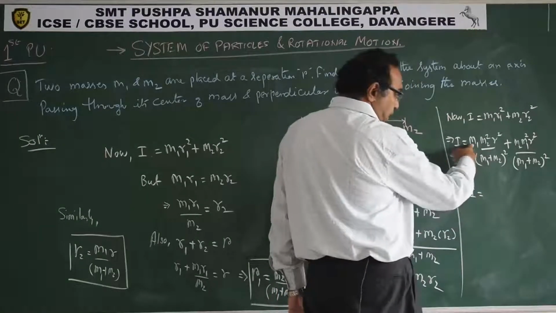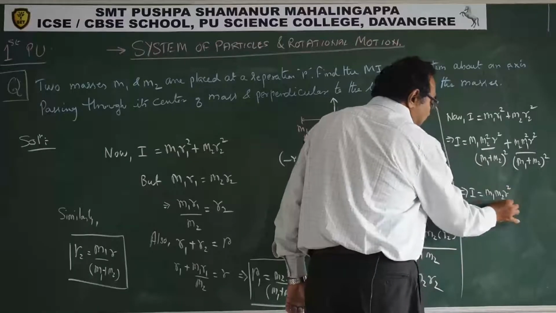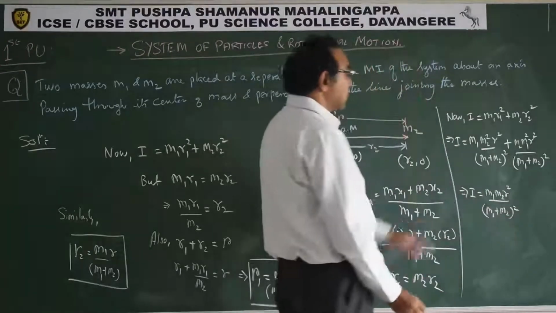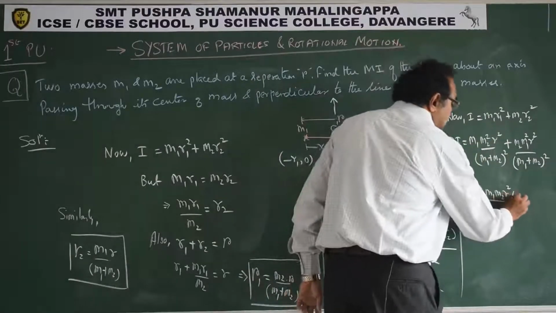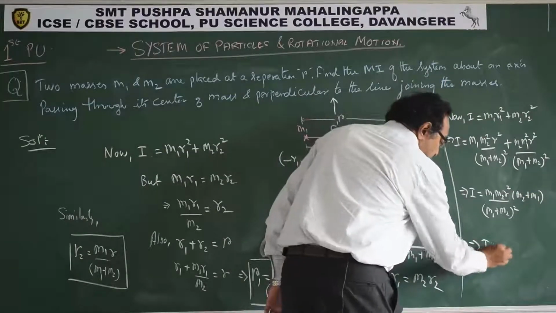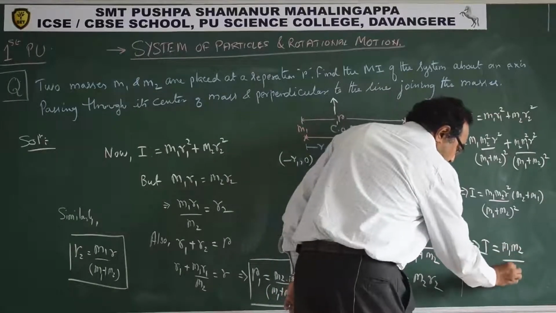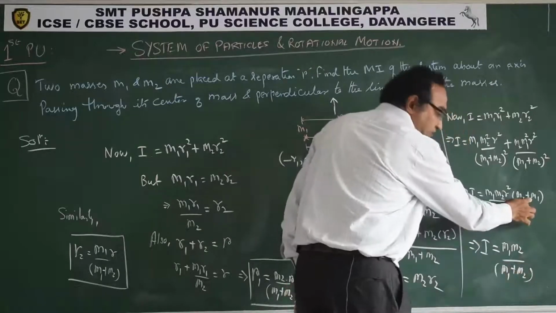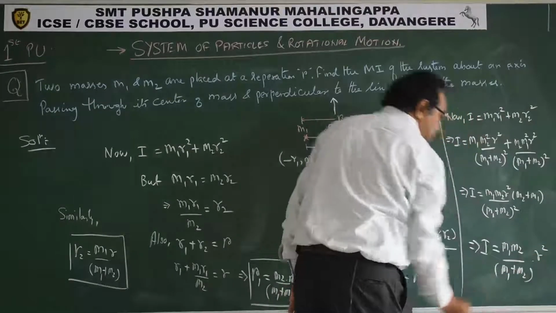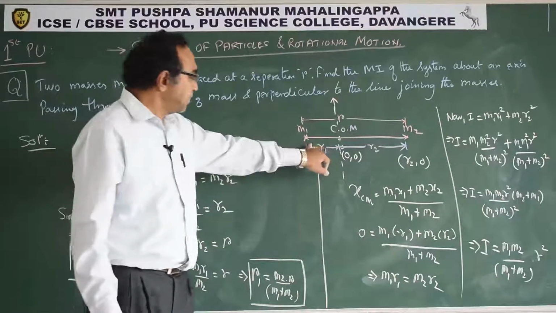How to simplify? m1 m2 r square is common. What we get? m2 plus m1. So finally the moment of inertia is m1 m2 upon m1 plus m2, because one here m1 m2 and here there are two m1 m2, they get cancelled out, and we get r square. This is exactly how we can find out moment of inertia of this system about center of mass.